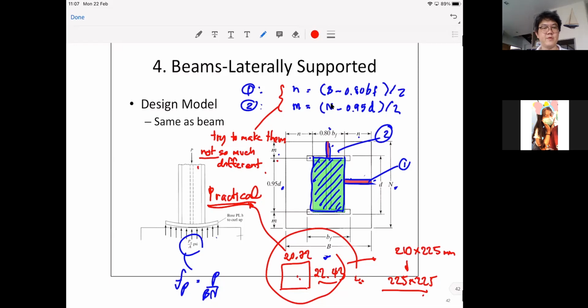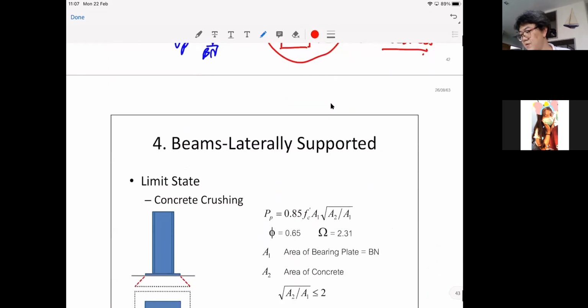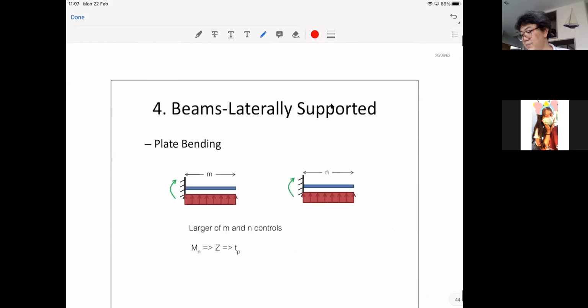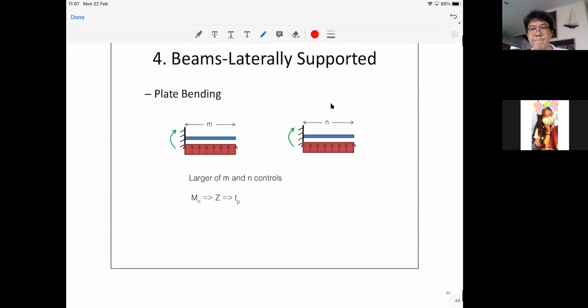Okay, so that said, we cover everything in terms of the concept. All right, and the concrete crushing is going to be just the same as in the beam, and the plate bending is also the same.